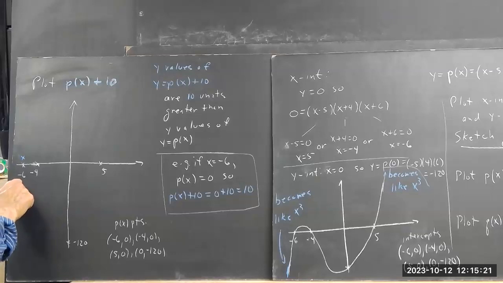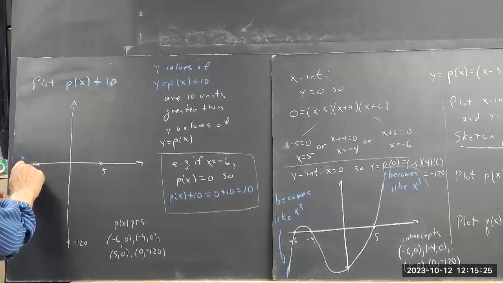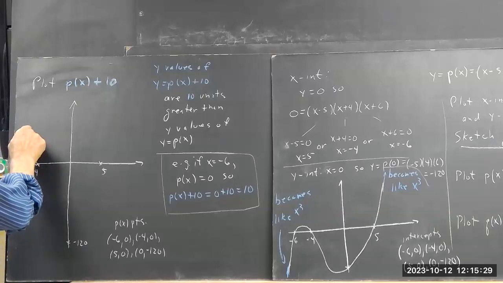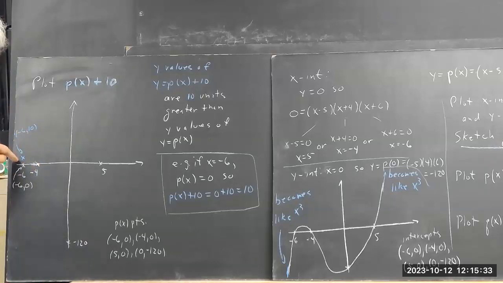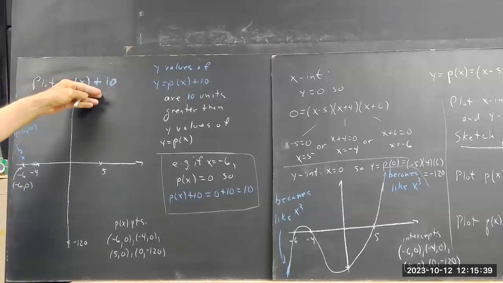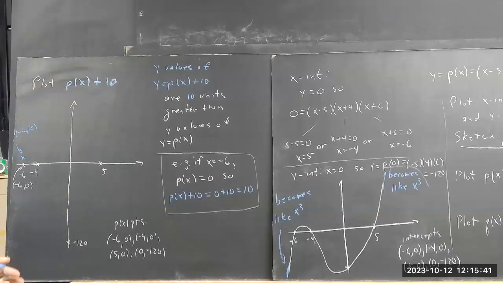So what we have is the point negative 60 here. On this graph, we have the point negative 610, where I'm using blue to indicate points on the graph of this new function, okay?